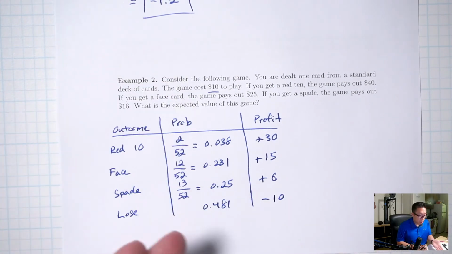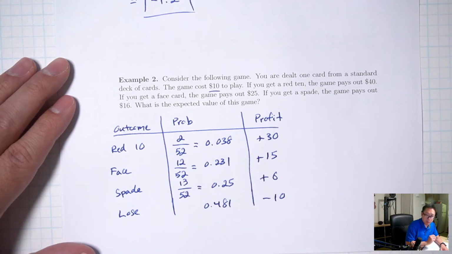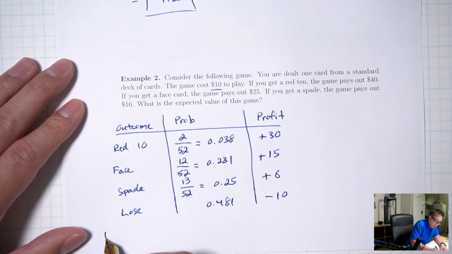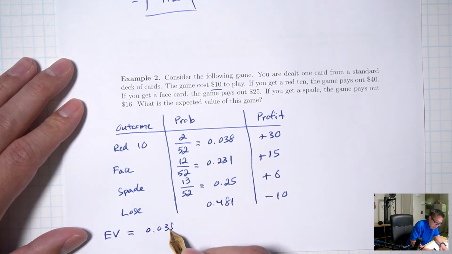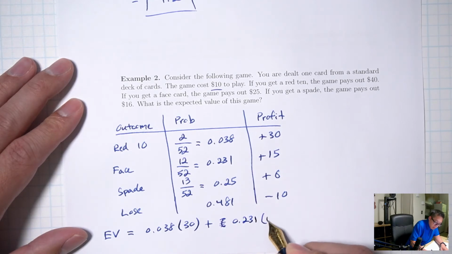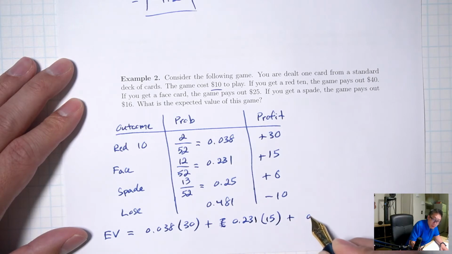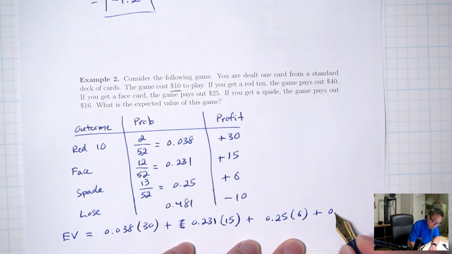Okay. Now once we have the probabilities and the profits, expected value is probability times profit, etc. The expected value is going to be 0.038 times 30 plus 0.231 times 15 plus 0.25 times 6 plus 0.481 times negative 10.